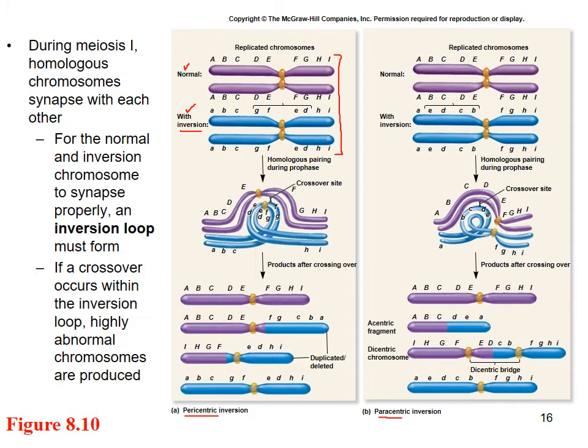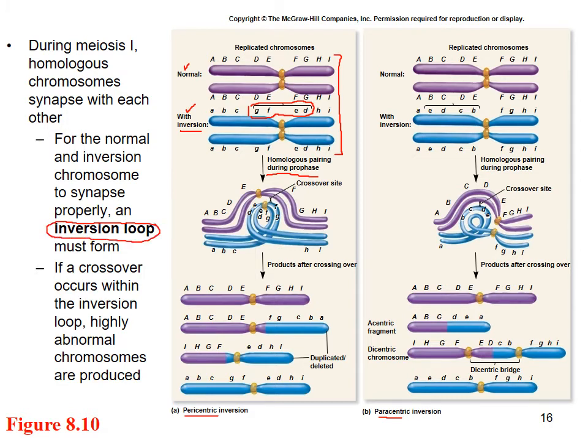In my example right over here, I see that in the mutated version of my chromosome with my inversion, the order of the genes G, F, E, and D is opposite of what it's meant to be in the wild type. So during meiosis, when the homologous pairs line up, they're going to create this thing called an inversion loop.